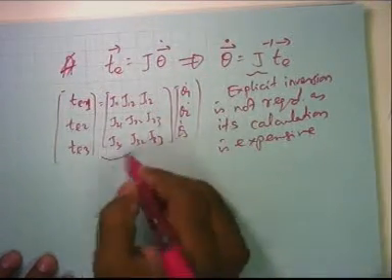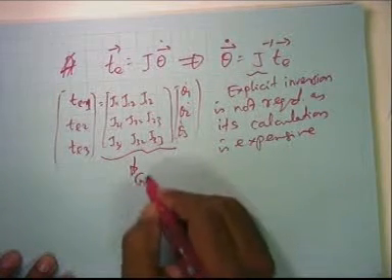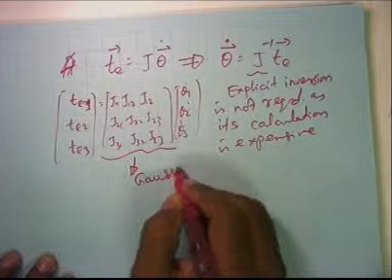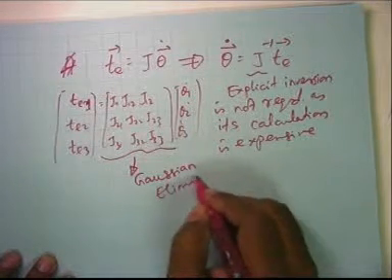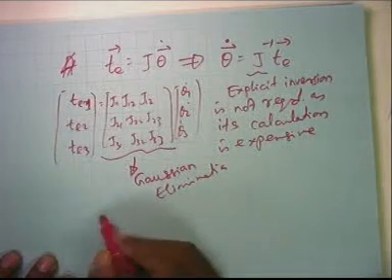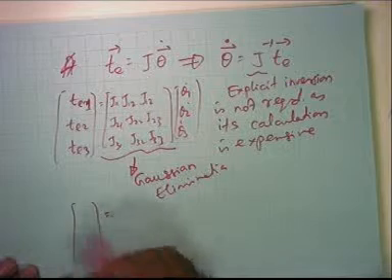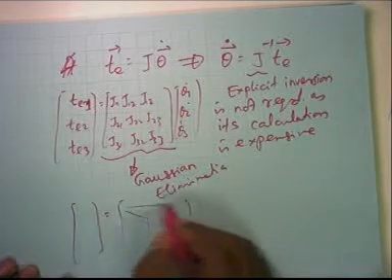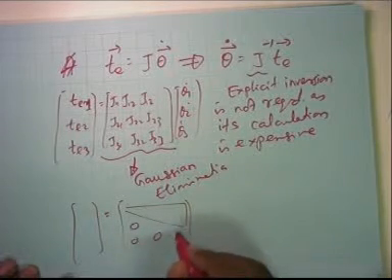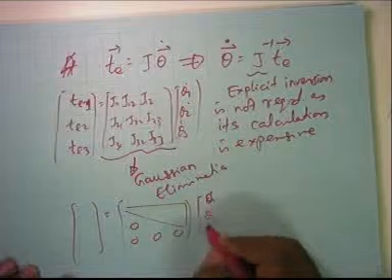What you do is what we call Gaussian elimination, which will make it an upper triangular form, and then theta 1 dot, theta 2 dot, theta 3 dot.